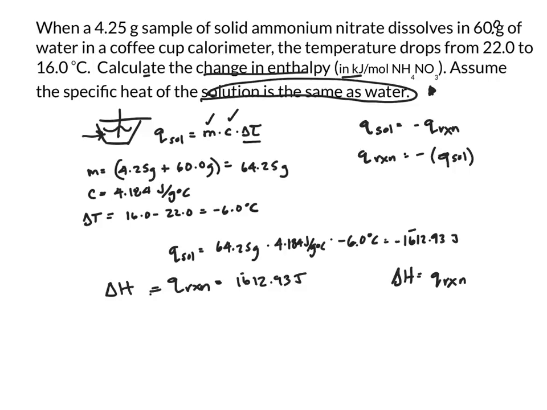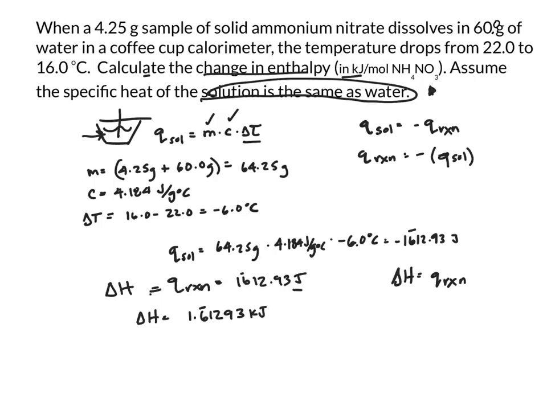Right now we are in joules for our enthalpy value. Obviously, we're going to move our decimal over a couple spaces, and so our delta H is going to equal 1.61293 kilojoules. Now, you can show this or not. As long as you move in the right direction, you're fine.